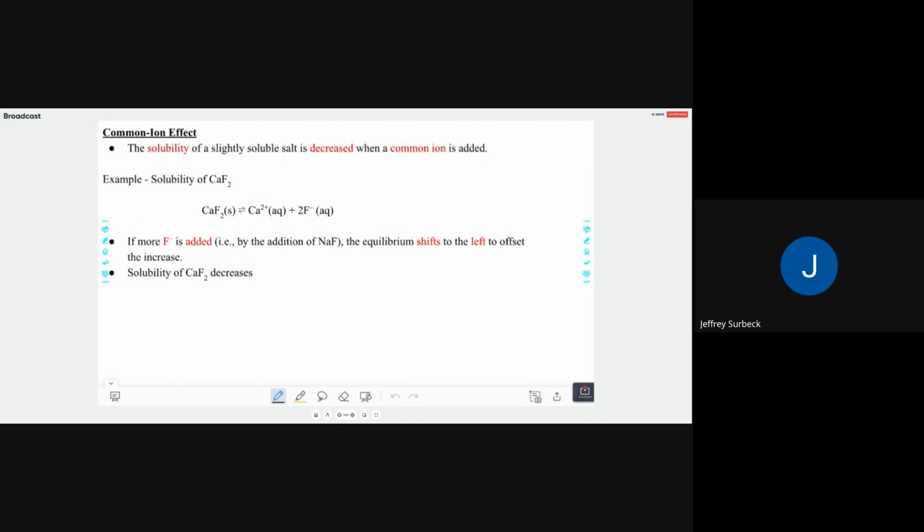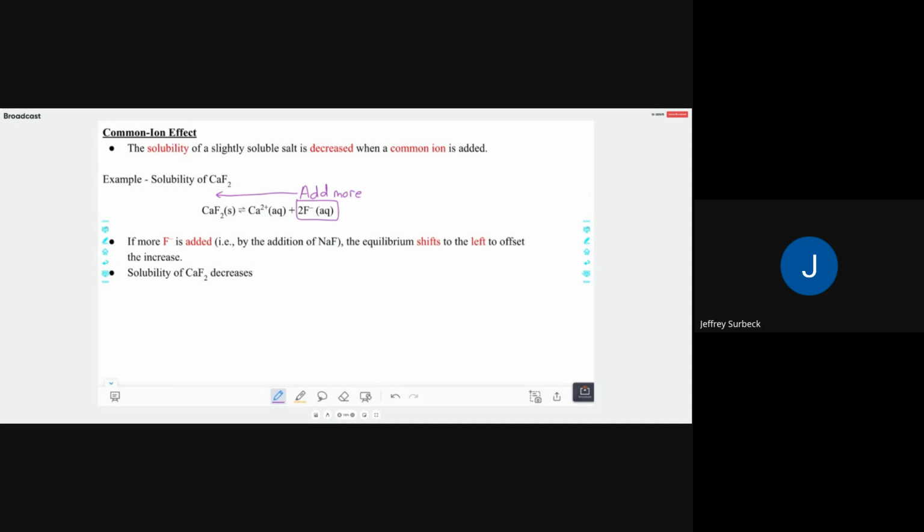So just as a reminder, with equilibrium, if we add more of this, I'm just going to highlight and say simply add more. The equilibrium, based on Le Chatelier's principle, is going to shift to the opposite side from which we add it. So we add more of this fluoride, and the equilibrium is going to shift back left, which means more calcium fluoride is going to be present, in that solid form.